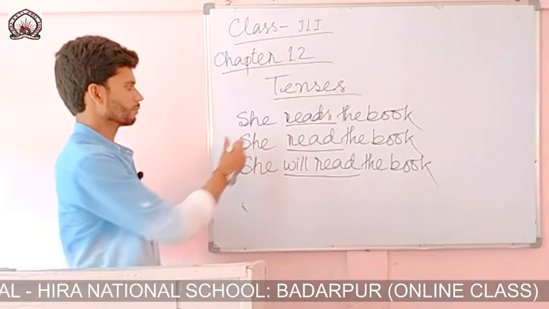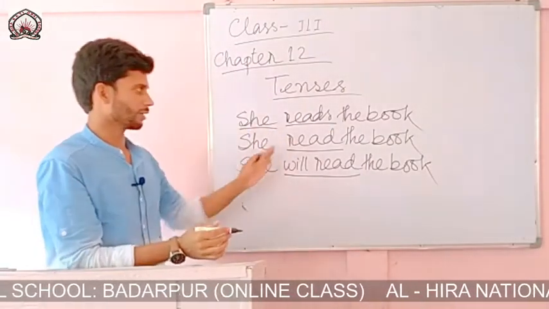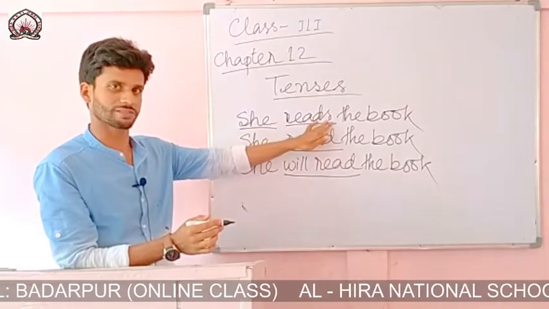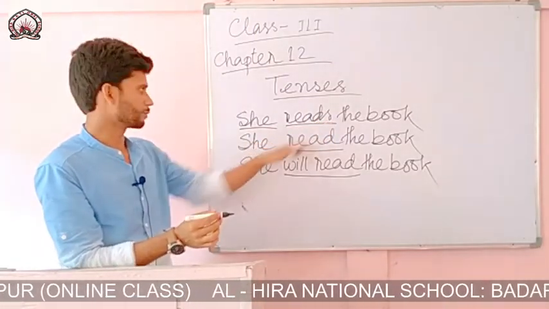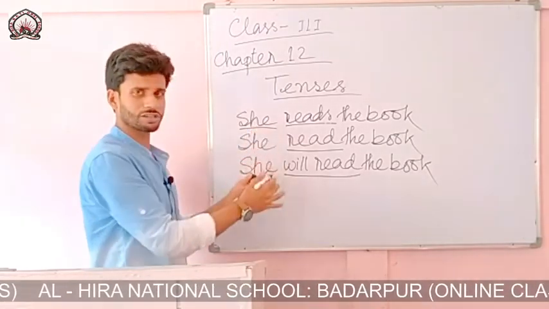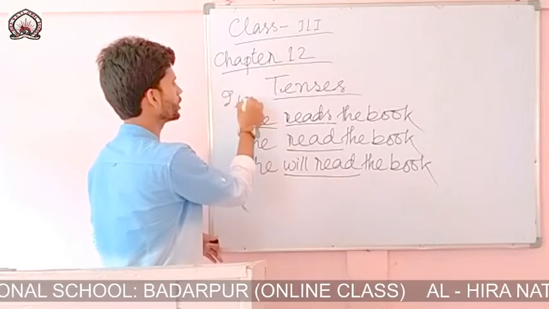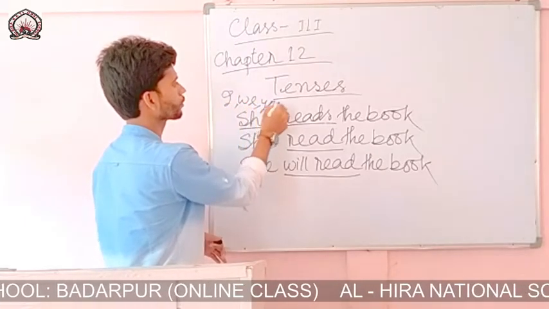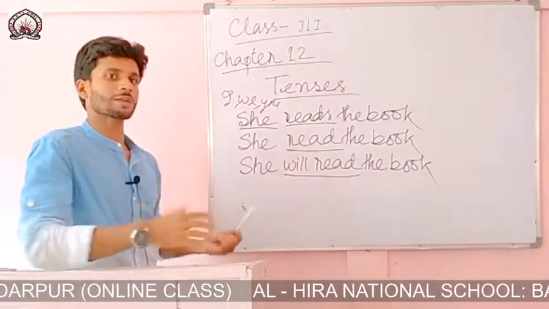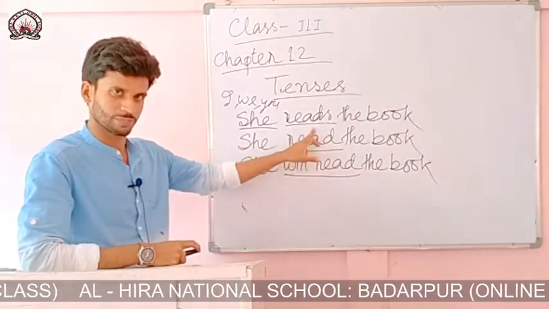Here the subject is she, it is third person singular, and that is why I am adding s to the verb. If the subject is not third person singular, if it is like I or we or you or they or any other plural subject, then I shall not write reads, I shall write read.